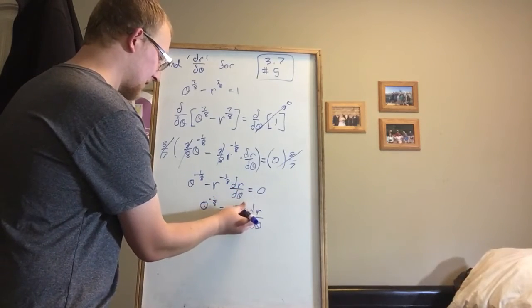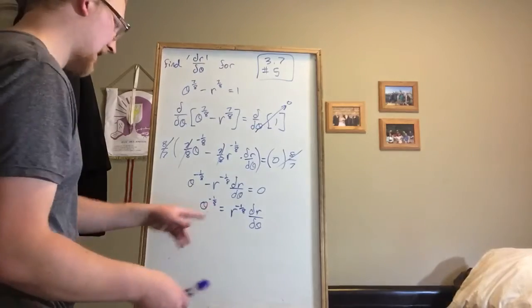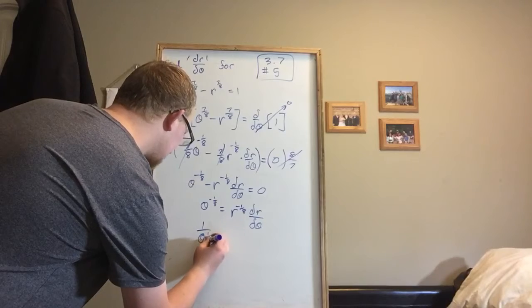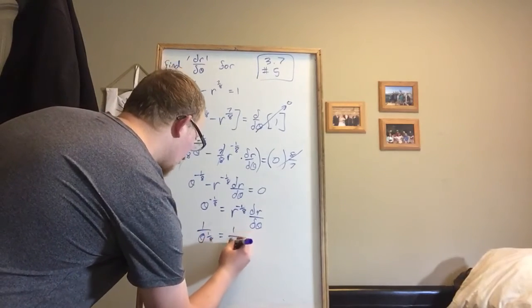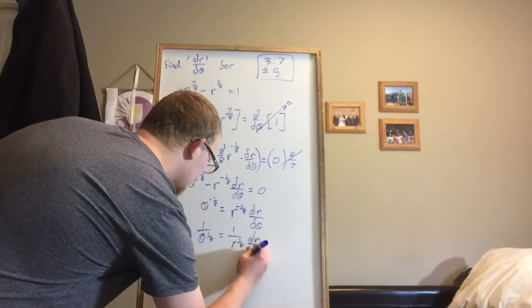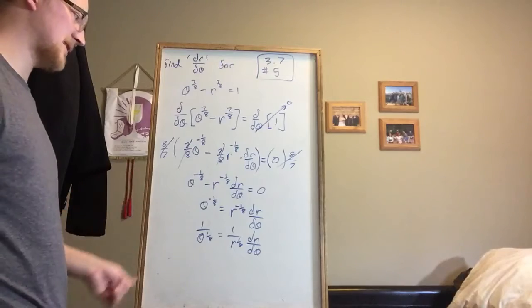Actually, if we wanted to write this out in a way without negative powers, we could write this as 1 over theta to the 1/8 equals 1 over r to the 1/8 times dr d theta, because these are negative powers, so we could write them in the denominator as positive powers.